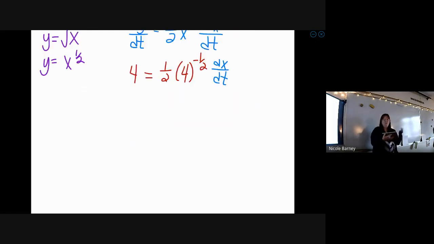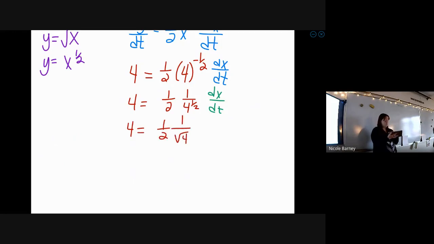Some of you can do 4 to the negative 1/2 in your head, but if you can't, you move it to the denominator, so that's 4 equals 1/2 times 1 over the square root of 4 times dx/dt.